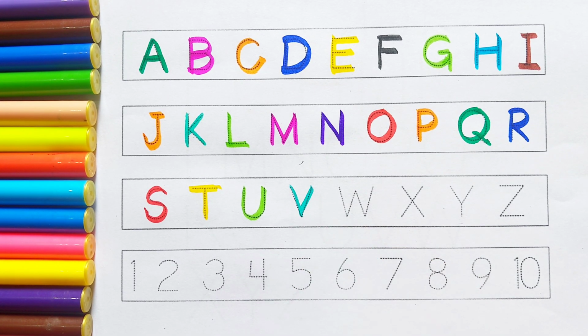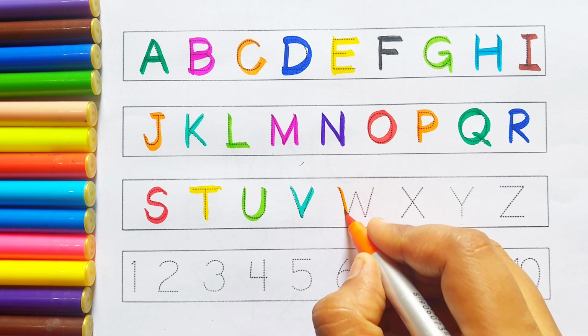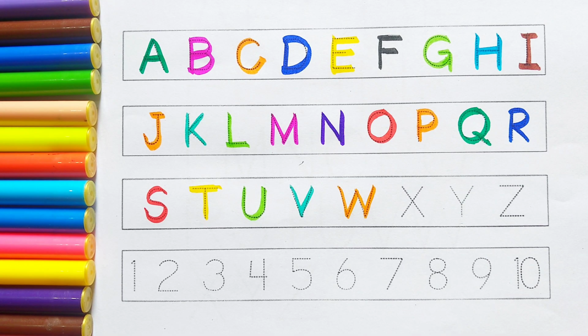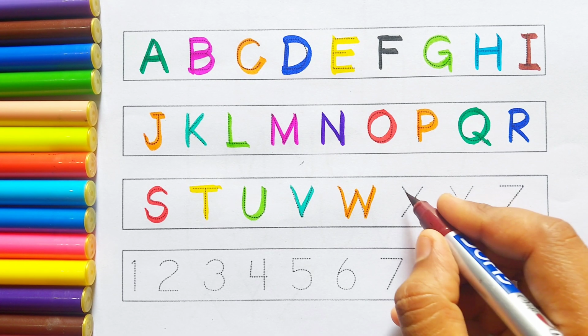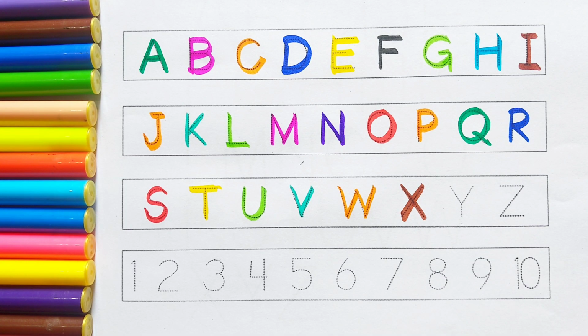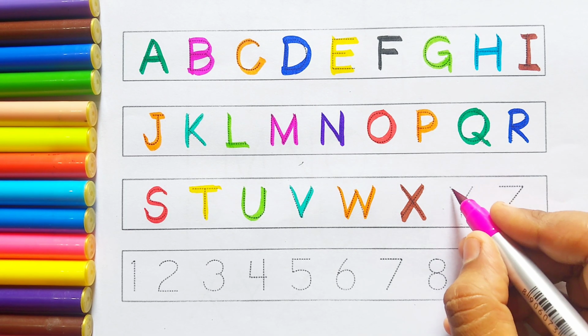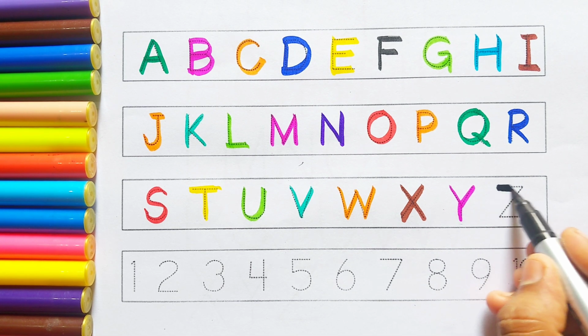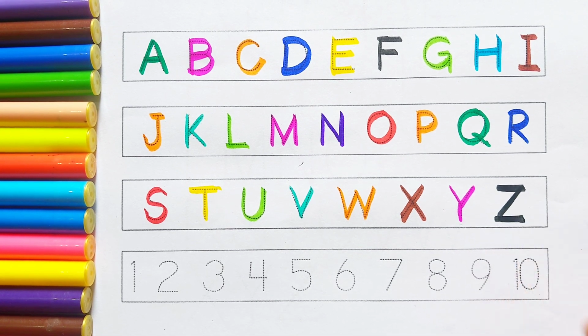V for vulture. W for whale. X for Xmas tree. Y for yo-yo. Z for zip.